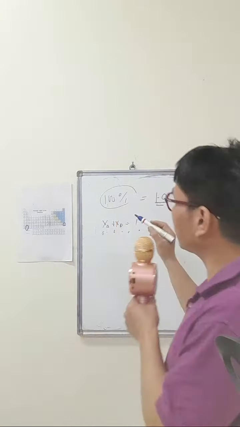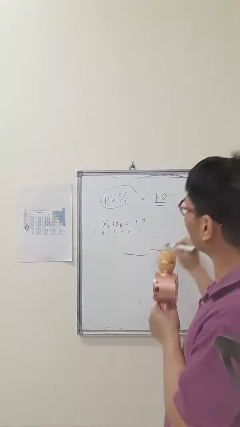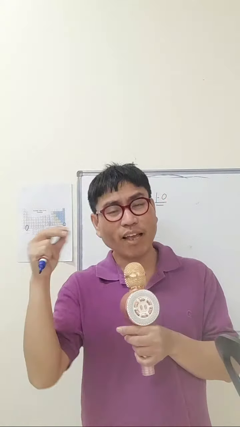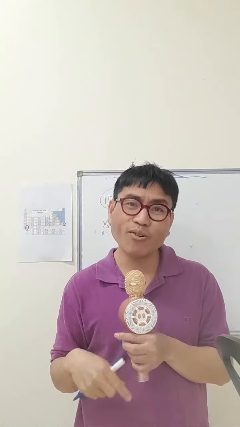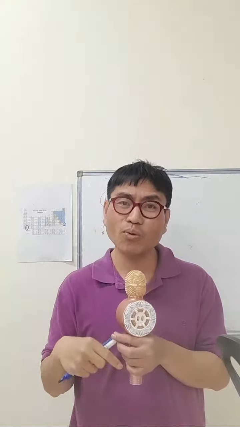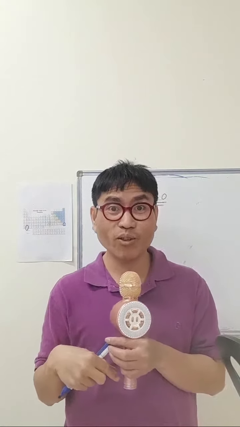Now if it's not yet dissociating, of course, it's still 100% because it's not yet touched, not yet dissociating by itself. If it will dissociate, of course, the concentration will decrease: 98%, 88%, like that. So it's also practical to say that the van't Hoff factor of a non-dissociating solute is 1, meaning 100%.